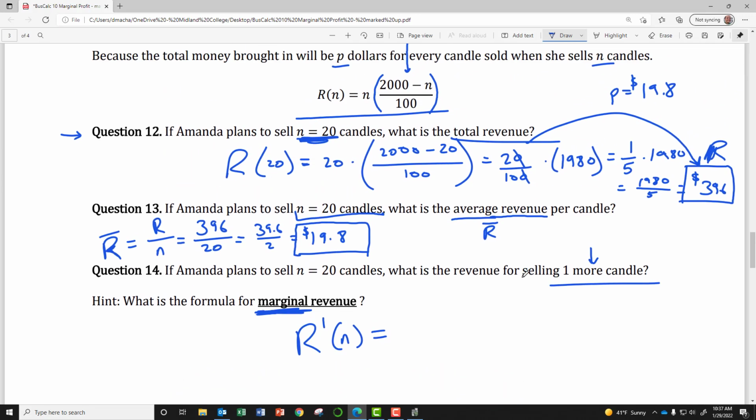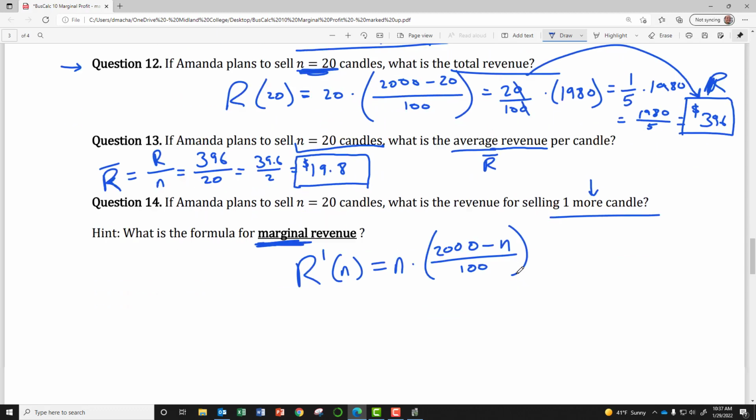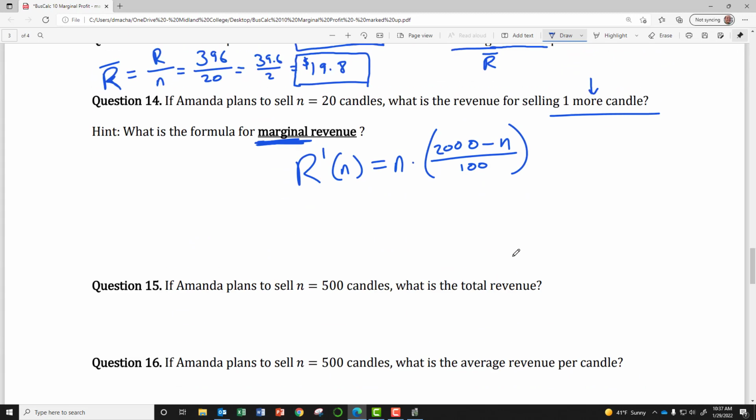Let's go back and look at our revenue function, which was N times 2,000 minus N over 100. Well, let me distribute this N inside here, and I'm also going to factor out this 1 over 100.